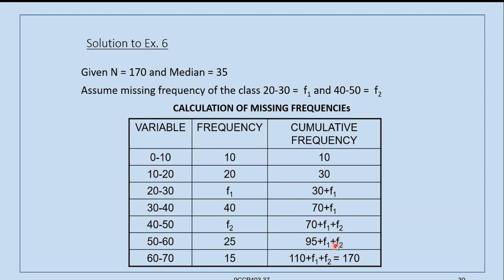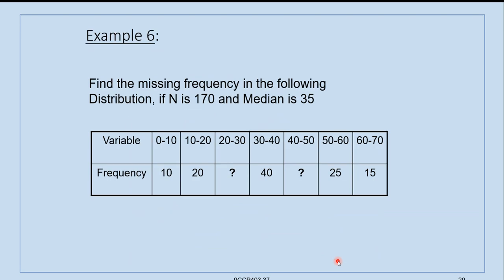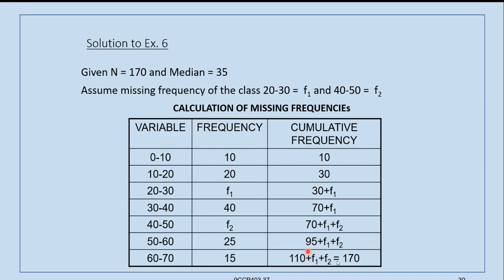And the next one is 95 plus f1 plus f2, and the next is 110 plus f1 plus f2. That is 170, which is already given in the problem. So the first equation is 110 plus f1 plus f2 is equal to 170.